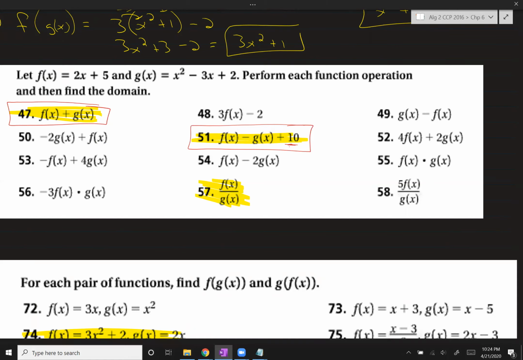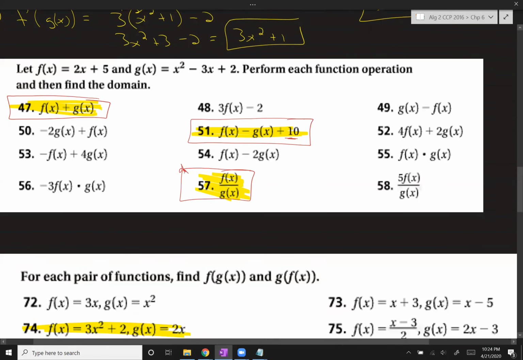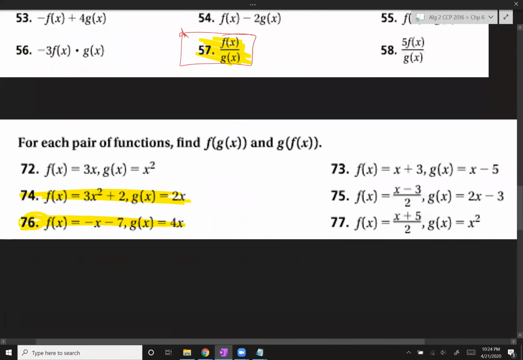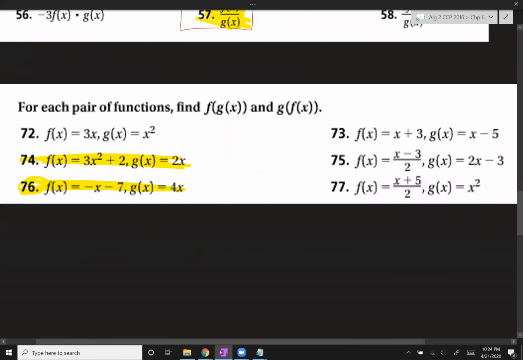And it wouldn't be a fun day if we didn't do one of our divisions.